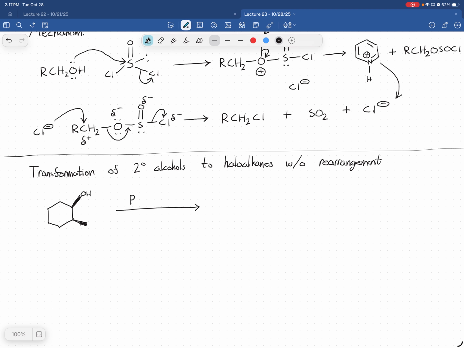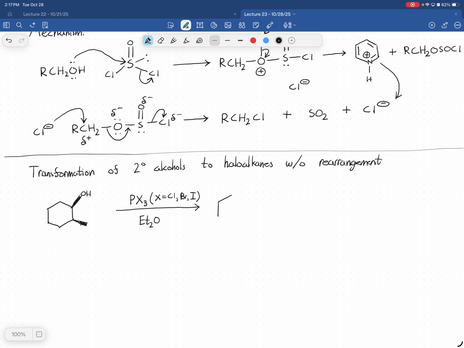phosphorus trihalide. The X here can be any halogen except for fluorine, so X can be chlorine, bromine, or iodine. The one that works the best and the most common is when X is bromine. Here's your solvent, but don't worry too much about solvent. What's more important is the reactants.